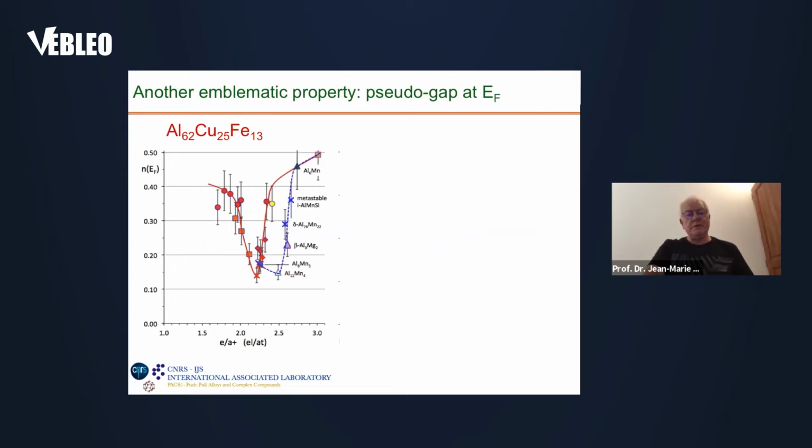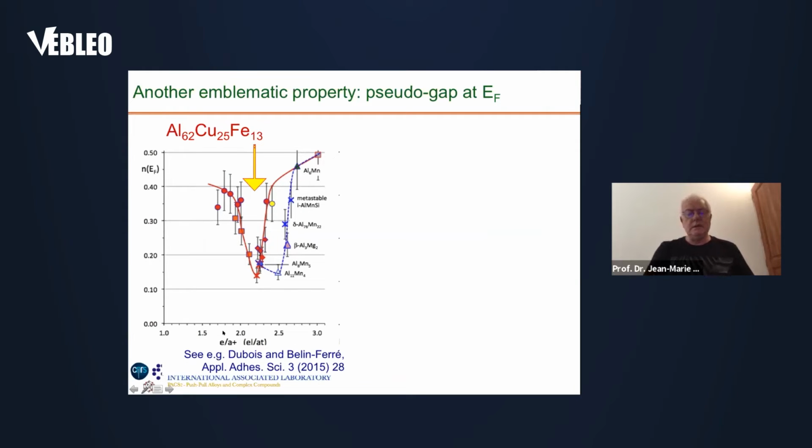And to finish with this emblematic property of quasicrystals, I show you here the density of states measured at the Fermi level as a function of the number of electrons per atom, or valence electrons, which is a mapping of the composition field.